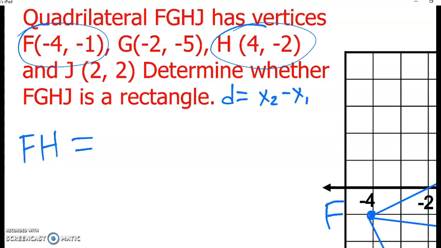X2 minus X1 squared plus Y2 minus Y1 squared, and the square root of all that.